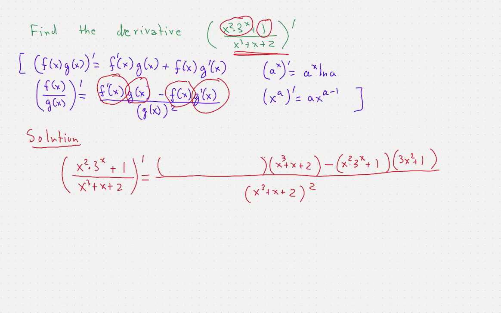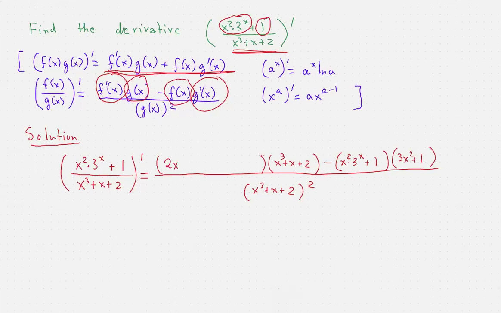This is where we have to apply our product rule. So I'm going to take the derivative of the first, which is 2x, times 3 to the x, plus x squared times the derivative of the second, which is 3 to the x ln 3.